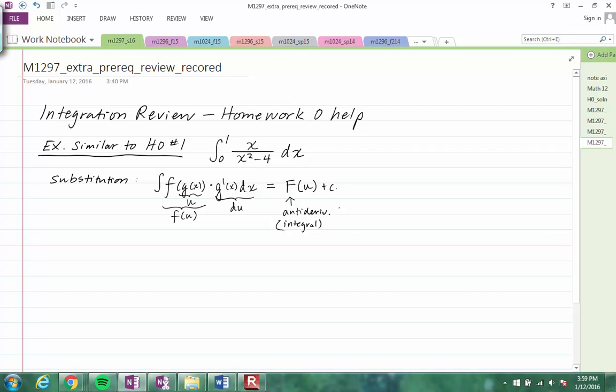I'll just put my plus c there. That is the basic substitution technique. That formula isn't given so much in Calc 2 because it actually can be more complicated than that. And we'll go into that in class a little bit with an example, but for now let's just try to see if we can deal with this with the basics.